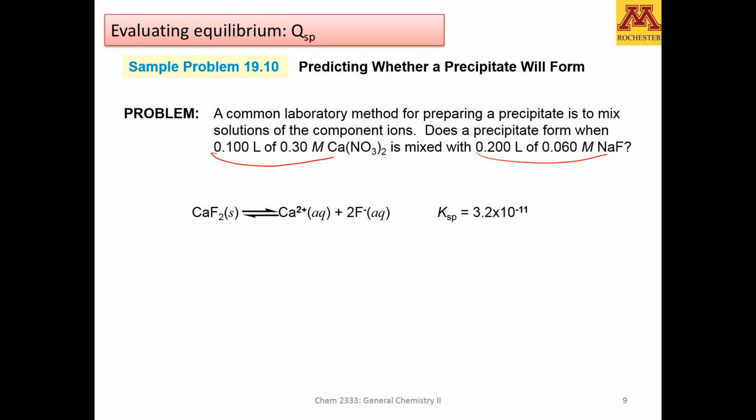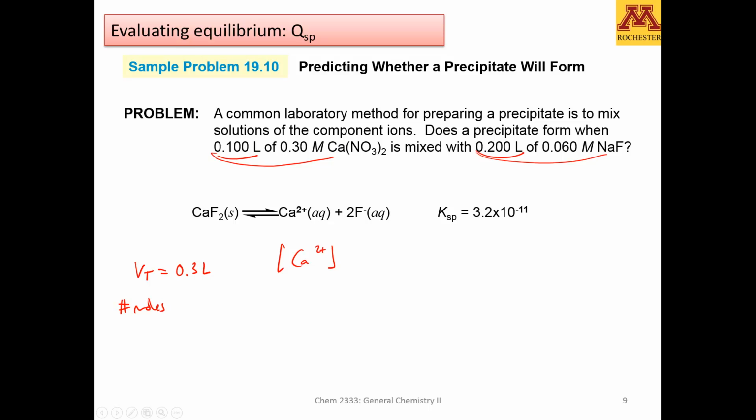Well, how much is the concentration of calcium? Notice that the total volume, because I'm mixing 0.1 liter and 0.2 liters, the total volume will be 0.3 liters. Alright? How many moles of calcium do I have?